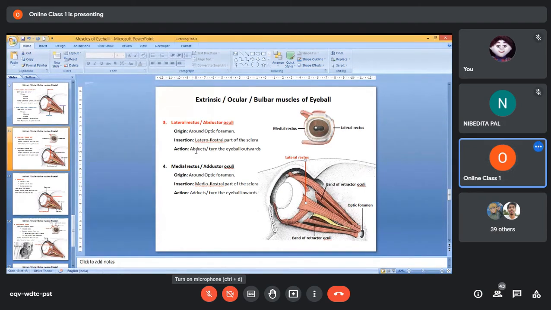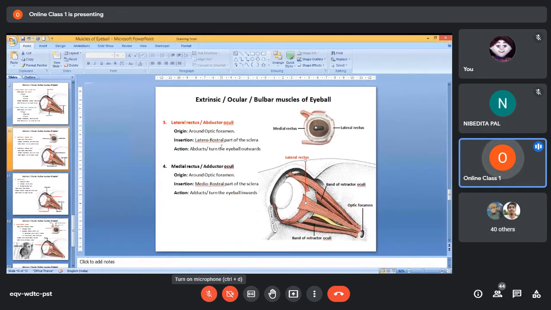So it will abduct the eyeball, or turn the eyeball outward. Its course: it diverges outward and forward. I have not written it here, you can write it on your own.